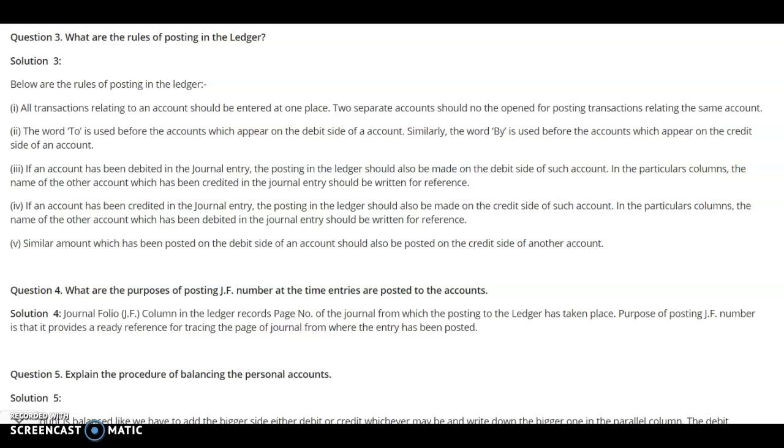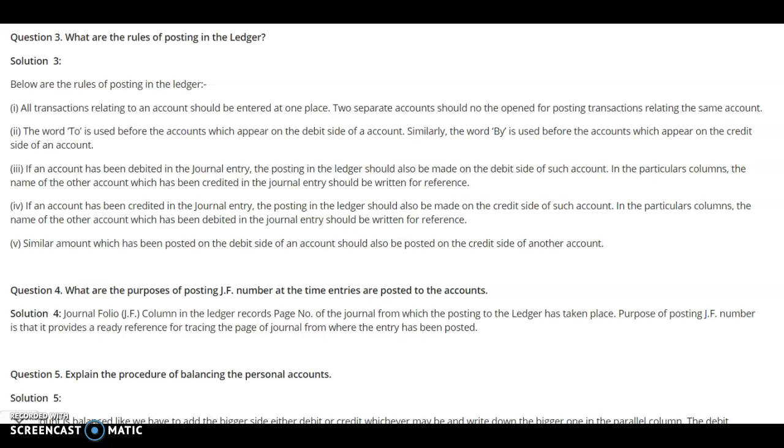Now, while making the posting of the simple and compound entry, understand that whatever is in the debit we have to write in the credit side, whatever is in credit we have to write in the debit side, and remember that the total of debit and credit amounts must be the same across the different accounts. The same rule says, if an account has been debited in the journal entry, the posting in the ledger should also be made on the debit side of such account.